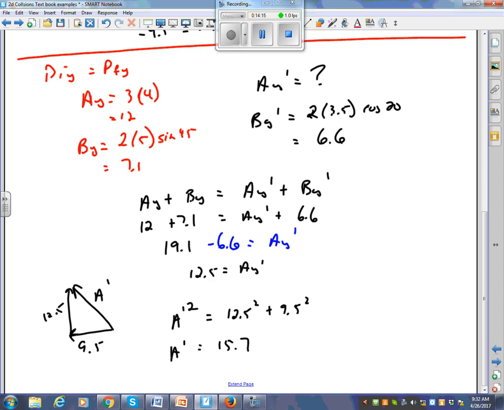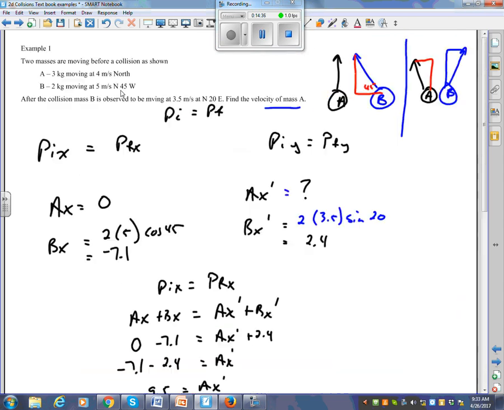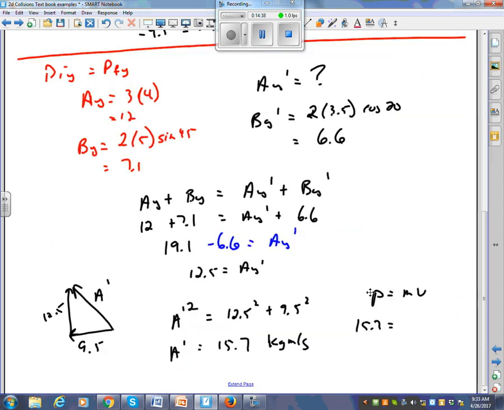But that is kilogram meters per second, right? And I actually only want the velocity, so how am I going to do that? Well, that's just back to momentum, P equals mv, and so my P is my 15.7, and the mass of A was way up here, 3, times the velocity.